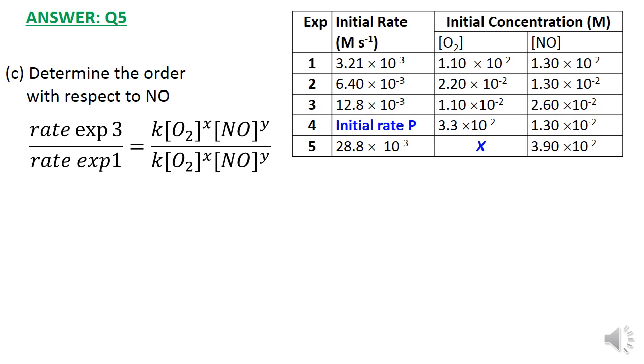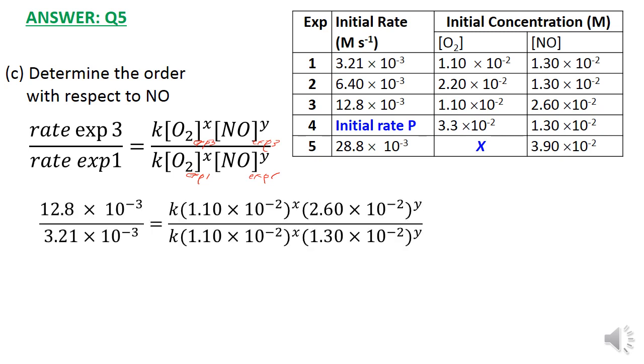We divide the two rate laws together, experiment 3 and experiment 1. The one having the similar concentration will be cancelled. k also will be cancelled. So we get 2 to the power of 2 equals 2 to the power of y. Then y will be equal to 2. So this means that the order with respect to nitrogen monoxide is 2.